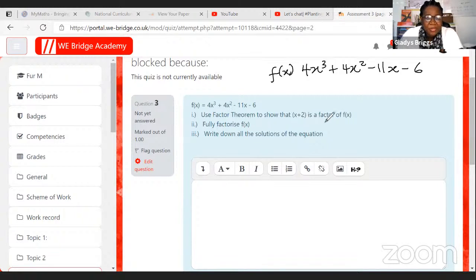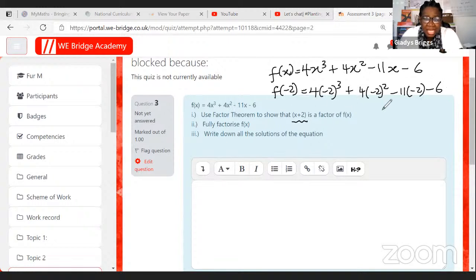If x plus 2 is a factor, then it means f of negative 2 must be equal to 0, yeah? Should we try that? 4 times negative 2 cubed plus 4 times negative 2 squared minus 11 times negative 2 minus 6. Should we put that into the calculator? Let's find out what the answer is.